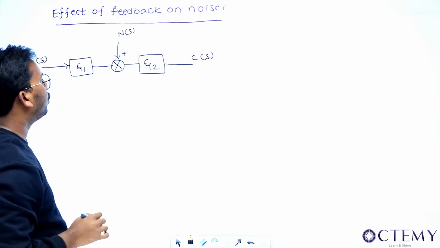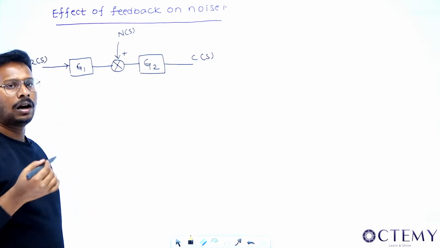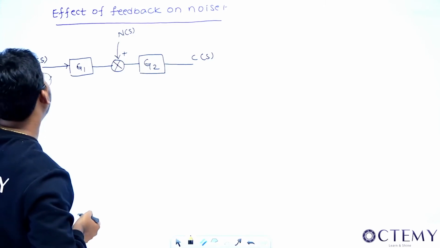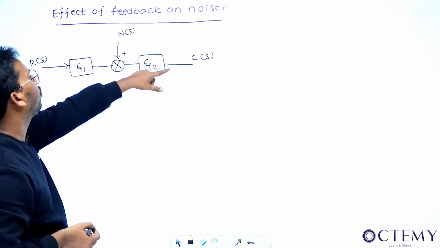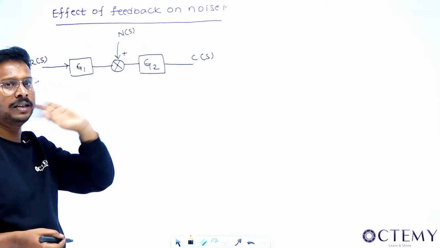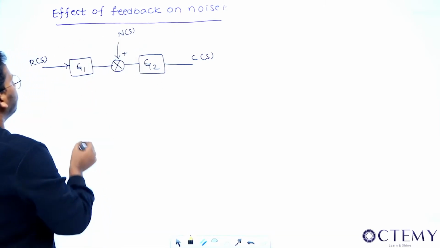Now, whenever you want to find the output with respect to noise, we do it like this. We consider that only one input is acting at a time, then we find the output, right? So, sir, what can I do?